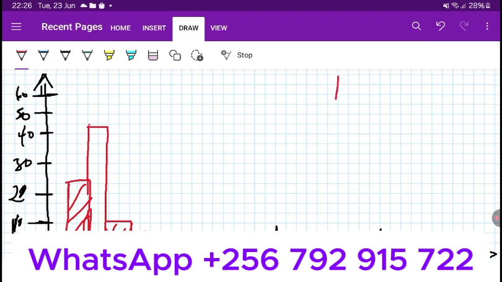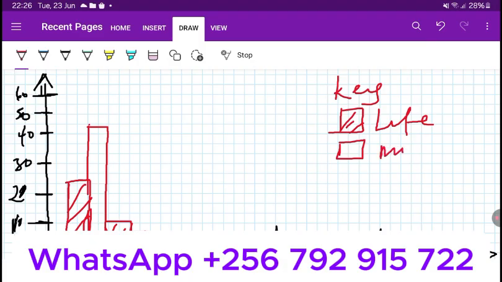So I can create a key there, and then I say the one I've shaded like that, this is life. The one I've not shaded represents motor. The one that I've shaded maybe with a V represents household.